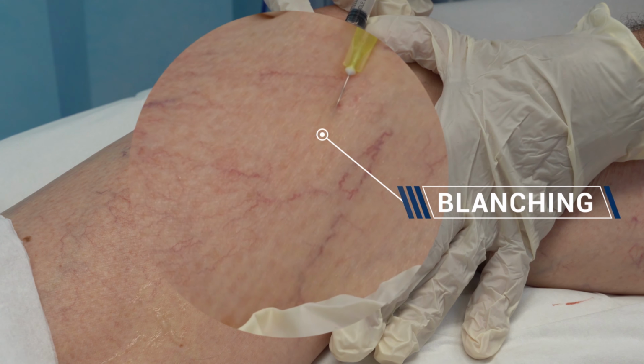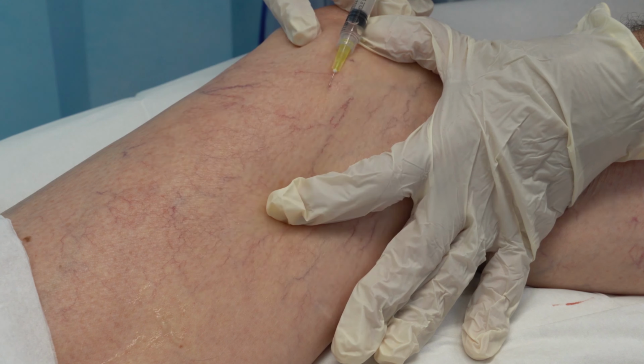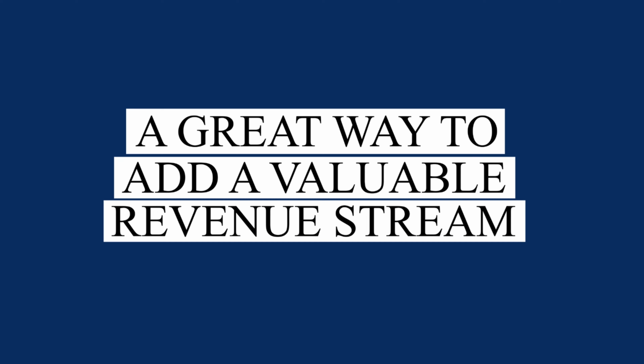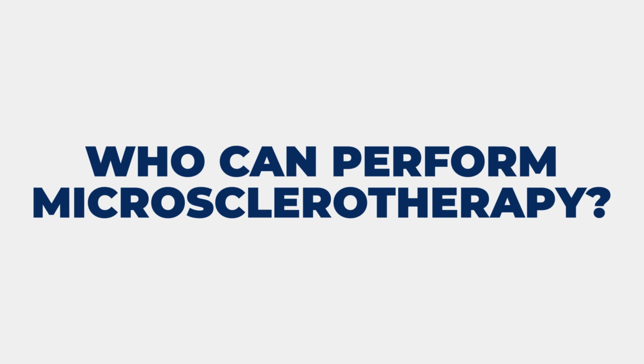After successful injections by microsclerotherapy, the leg spider veins will fade. For aesthetic clinic owners, adding microsclerotherapy to the treatments they offer is a great way to add a valuable revenue stream. So, who can perform microsclerotherapy?